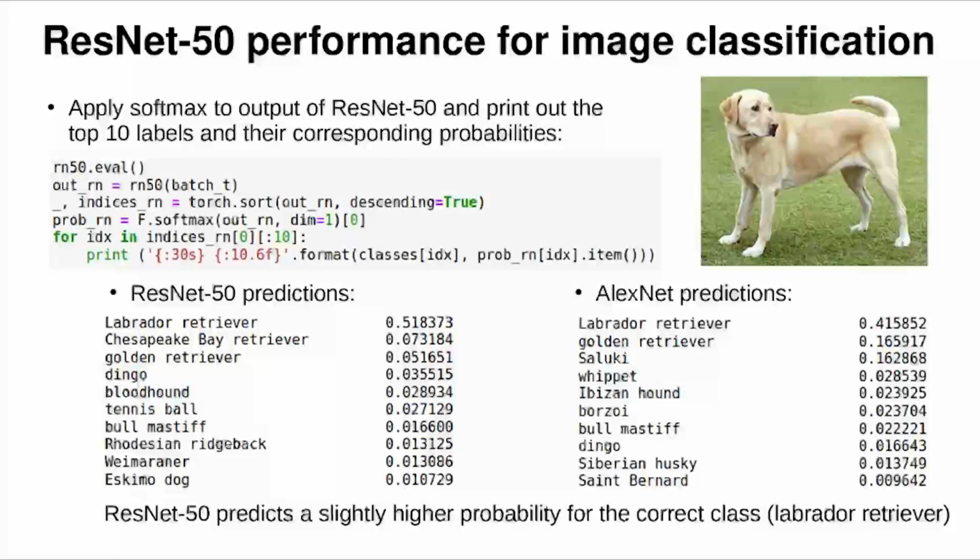Just like for AlexNet, we apply the softmax function to the output of ResNet 50 to get the probabilities for each of the class labels in the ImageNet dataset and display the top 10 most likely class labels with the corresponding probabilities. Just like AlexNet, ResNet 50 predicts the correct class, Labrador Retriever, as the most likely class.